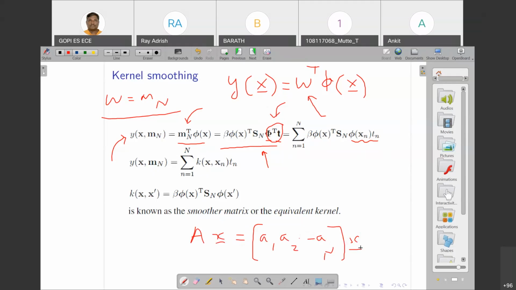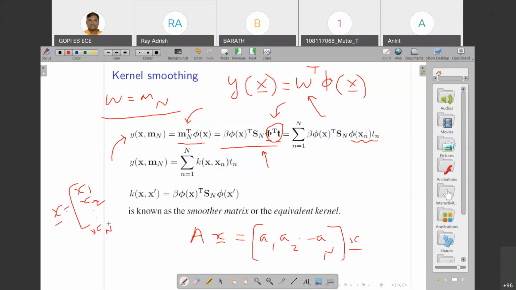We can write it as a linear combination of the columns of this matrix A. So that is exactly what is done here. Suppose my vector X has elements X1, X2, and so on up to Xn.